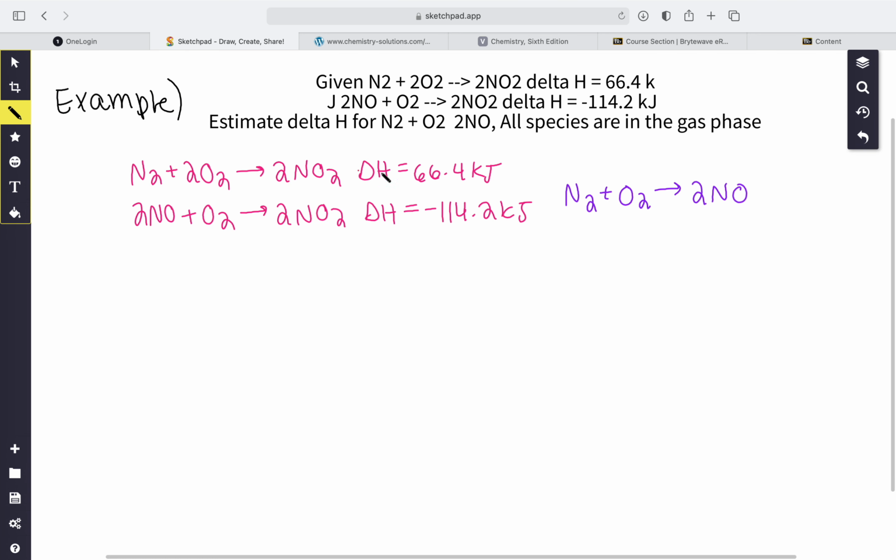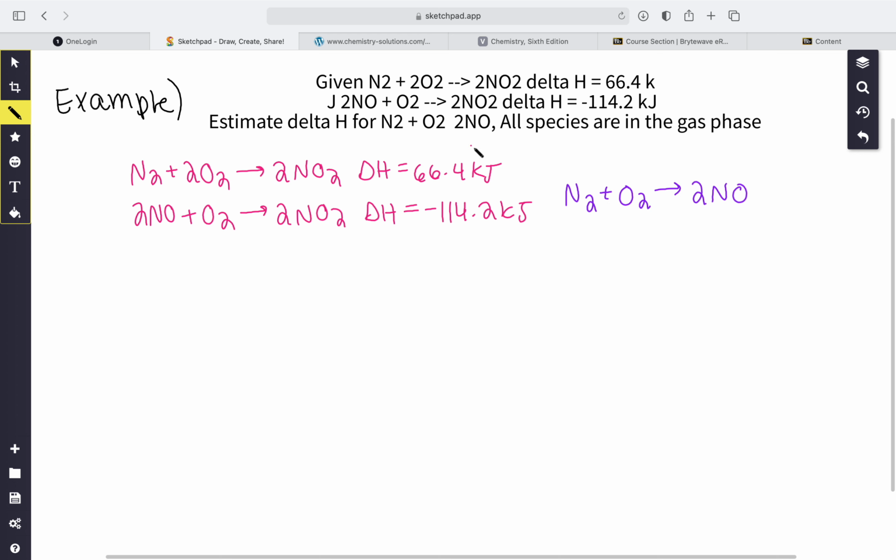that I rewrote the problem here a little bit because when I copied and pasted it, it turned out pretty goofy. So given N2 plus 2O2 yields 2NO2, and the delta H of that reaction is 66.4 kilojoules, and also that 2NO plus O2 yields 2NO2, and the change in enthalpy of that is negative 114.2 kilojoules.